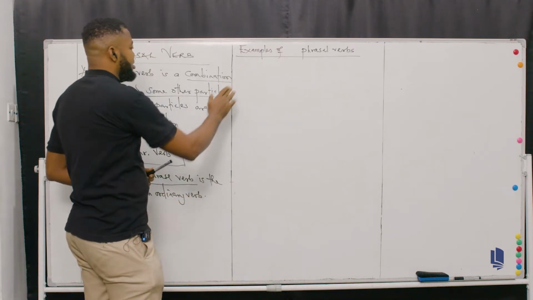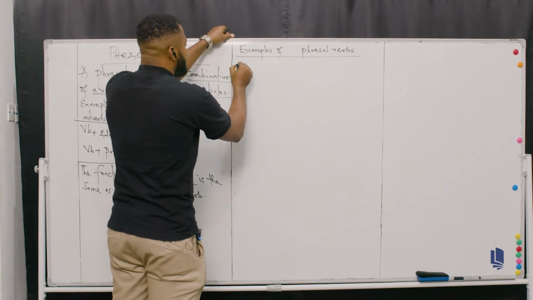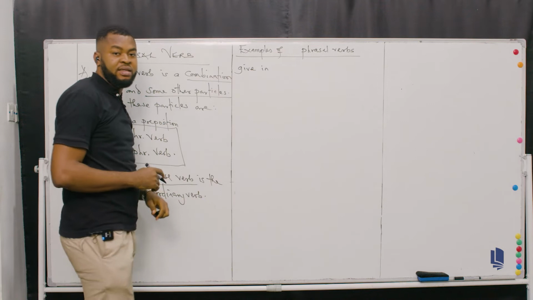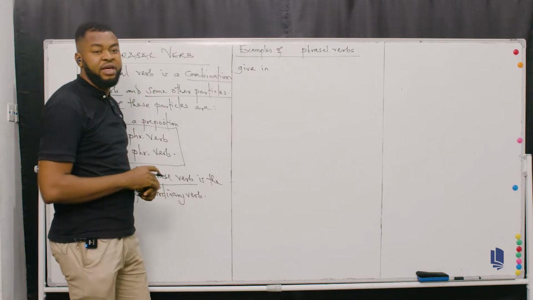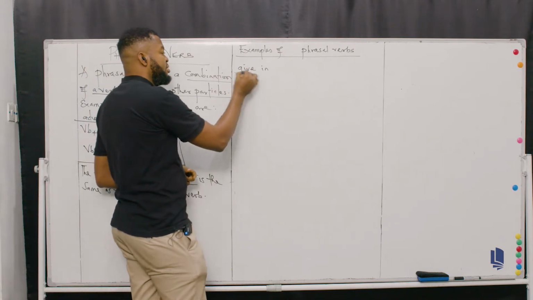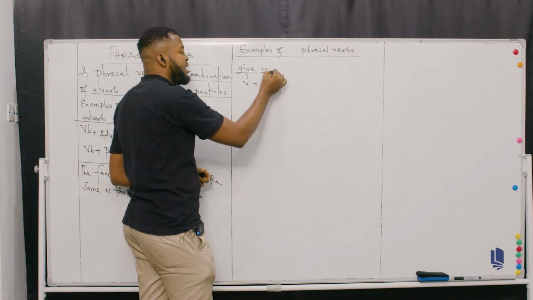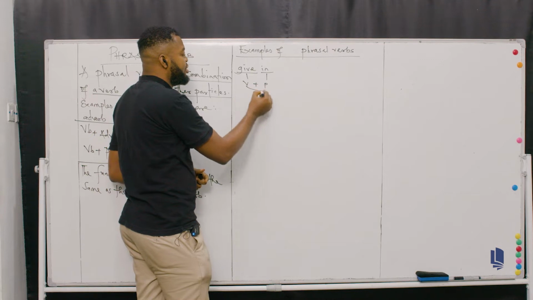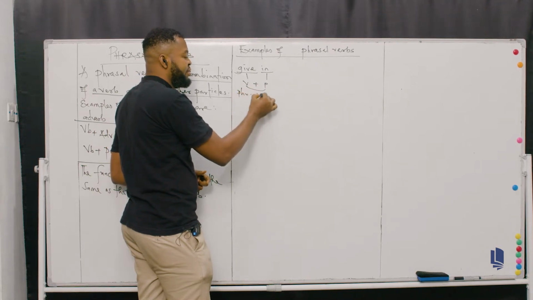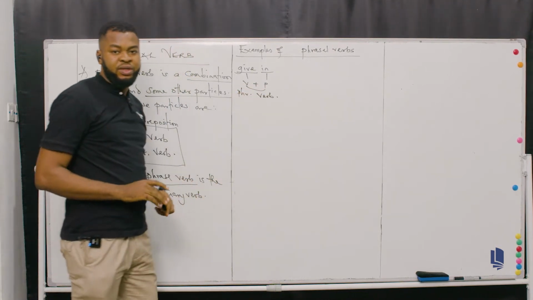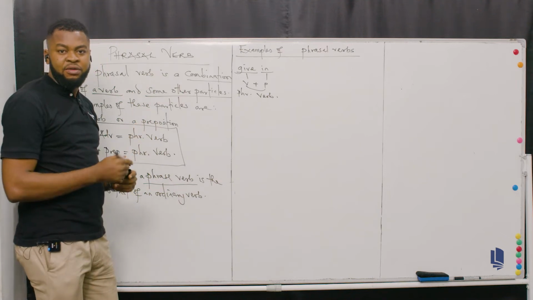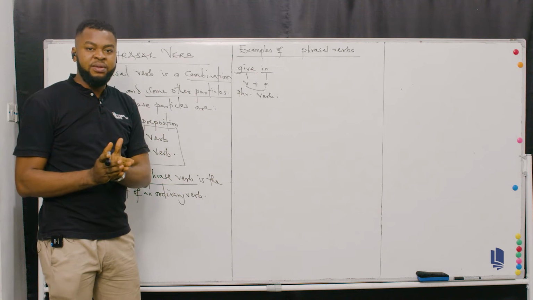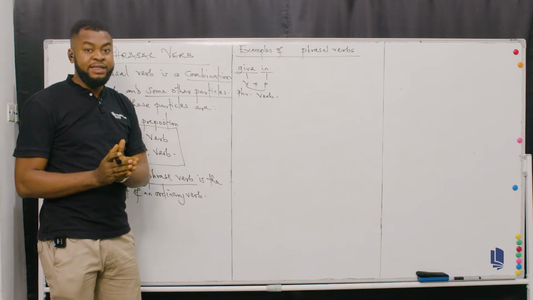Now here, imagine when you have an example, you have give in, as you can see. All right, look at this. You have give in. So now give is a verb plus in, which is what? A preposition. I hope you agree with me. All right, so the combination of this will give you a phrasal verb. Give is the verb, which is most especially a lexical verb.